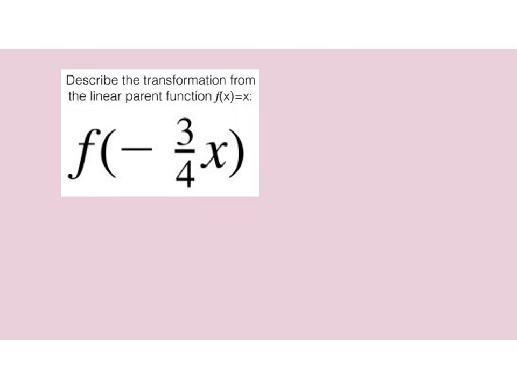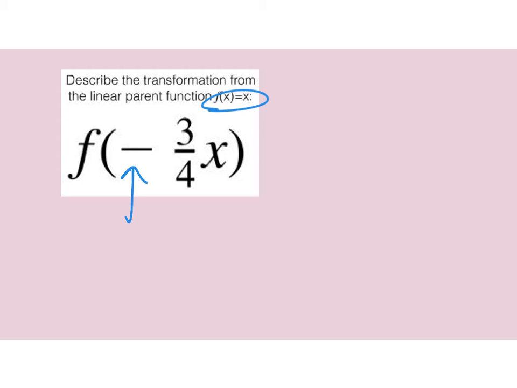Here's our next one. Again, we're using that parent function, f of x equals x. I'm not actually going to graph these. I'm just going to describe them. So I'm going to start on the furthest left, with this negative sign here. It's inside our parentheses, correct?